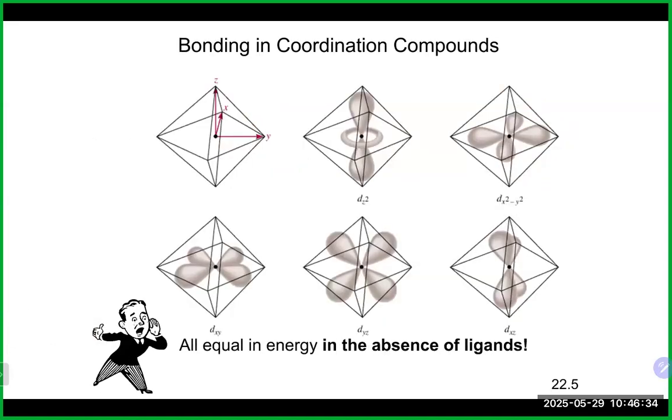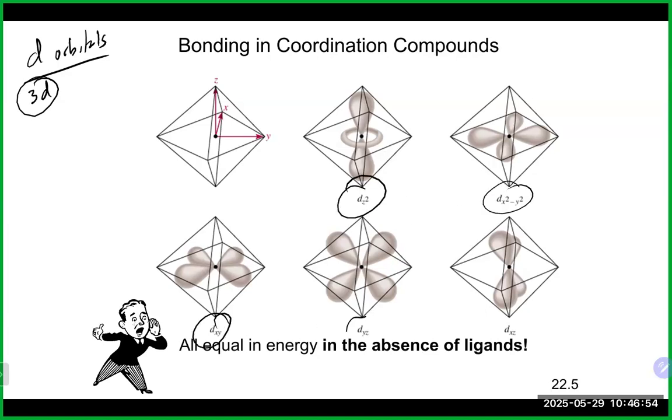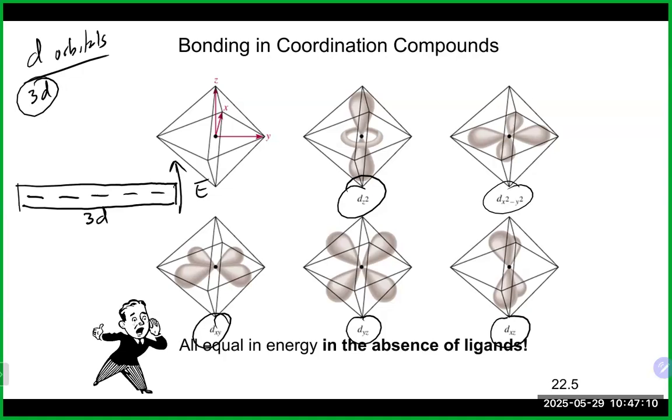Now, when we talk about transition metals, which are typically the metals involved in the complex ion, we are talking about d orbitals, and remember transition metals start at the 3d section. There are 5 different d orbitals. If we looked at the 3d subshell with no ligands present, all 5 of those d orbitals would be the same energy.